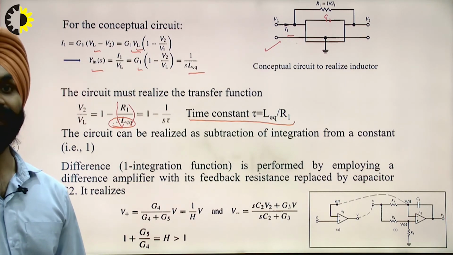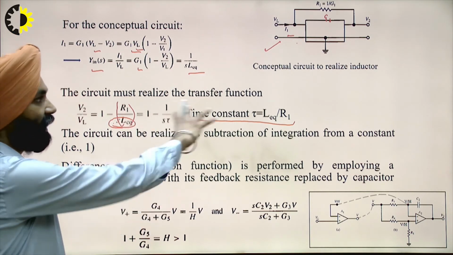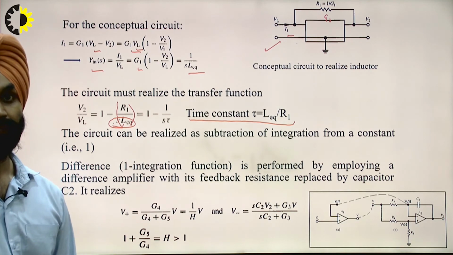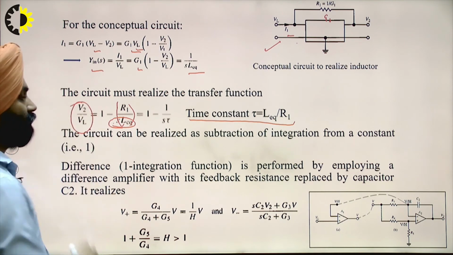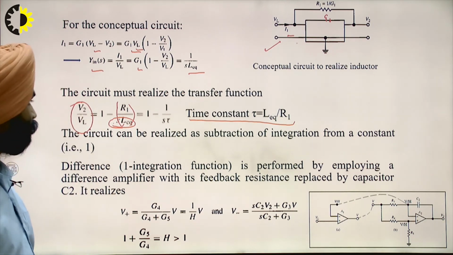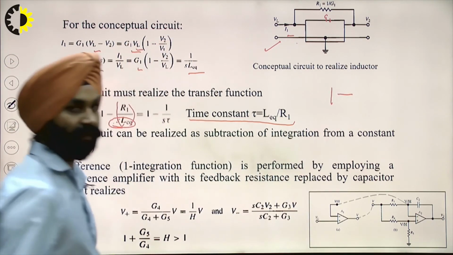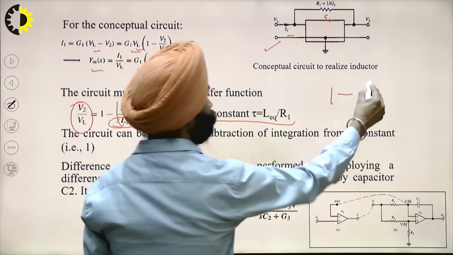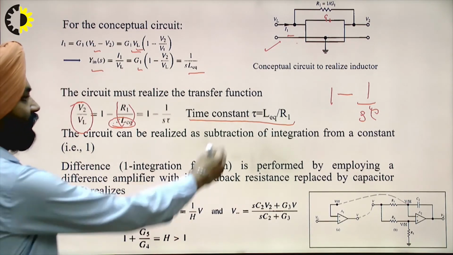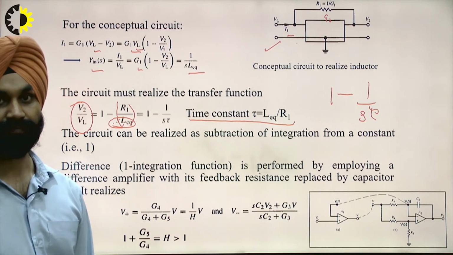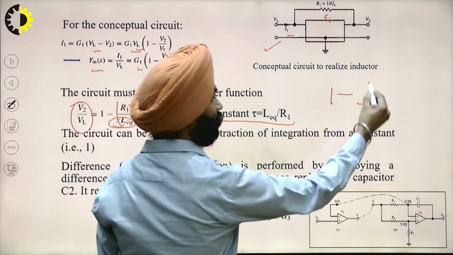So tau is the time constant, and we have to realize a circuit which has the transfer function V2 by V_load equal to 1 minus 1 by S tau, where tau is the time constant given by L equivalent by R1.